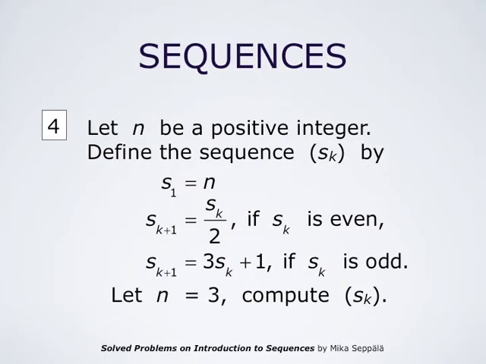In this problem, a positive integer n is a seed for a sequence s_k, which is defined by setting s_1 equals n. And s_{k+1} is s_k divided by 2 if s_k is even, and s_{k+1} is 3 times s_k plus 1 if s_k is odd. Now n is 3, our task is to compute the sequence s_k.